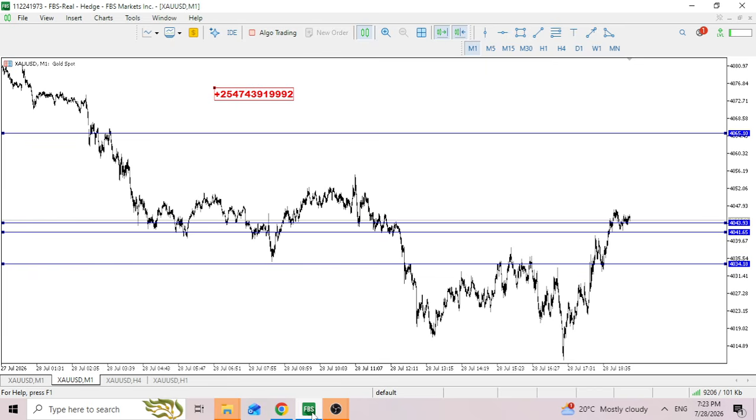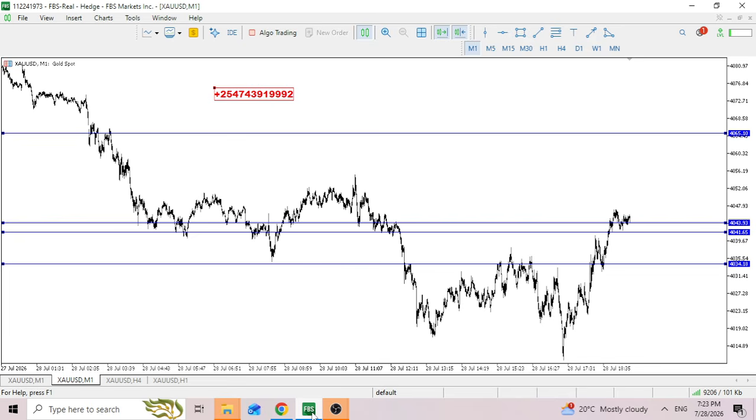Because you will never hear today gold has dropped by 10%. It's either a slight drop or a high drop, or an increase in value. They will be saying the value of gold today has increased by 1.2%.